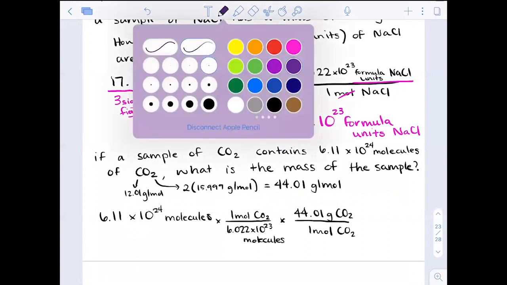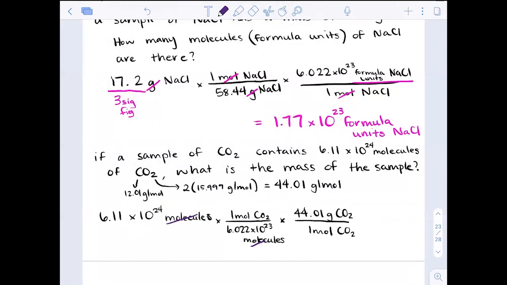Making sure everything still cancels out, molecules with molecules, moles with moles, we're left with grams of CO2, 4.47 times 10 to the 2 grams of CO2.